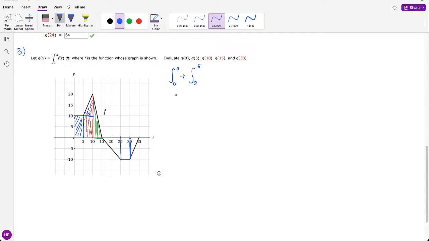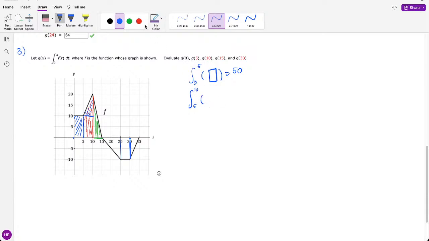So let's get all the areas. I'm going to get rid of this because 0 is nothing, right? That's the shape there, and this equals 5 times 10, so 50. And then we have the integral from 5 to 10.